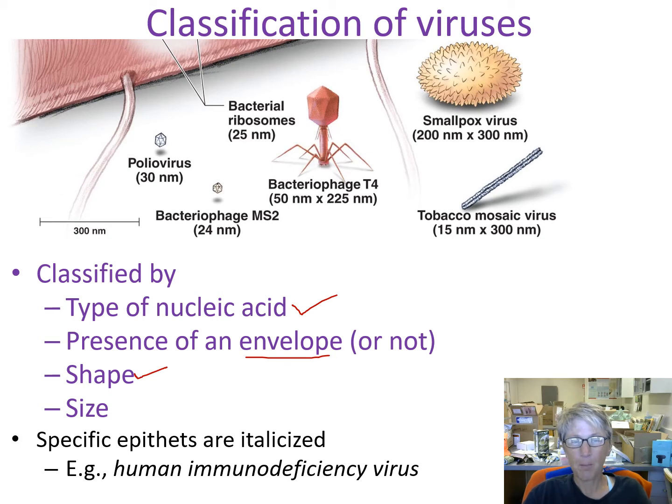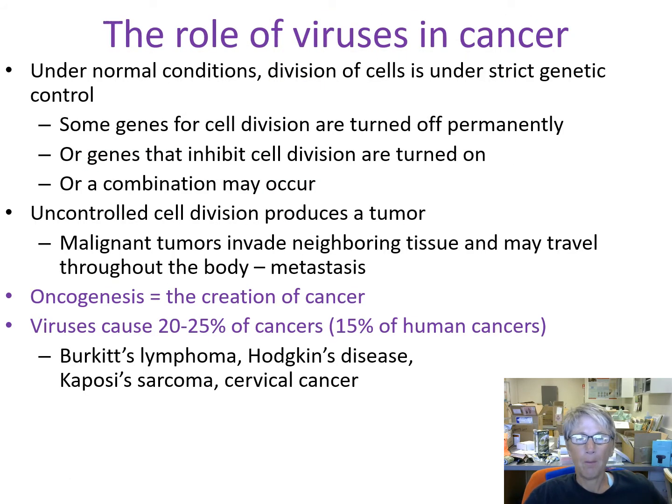So for example, the polio virus is a polyhedron shape. And then you can also classify viruses by their size. So, for example, bacteriophage MS2 is only 24 nanometers. And you can characterize viruses by their clinical manifestation as well, but that's not on this list.